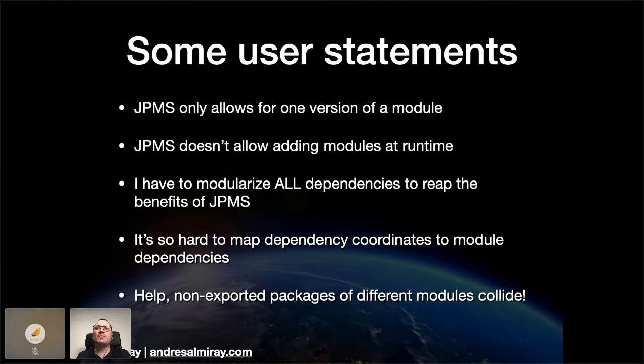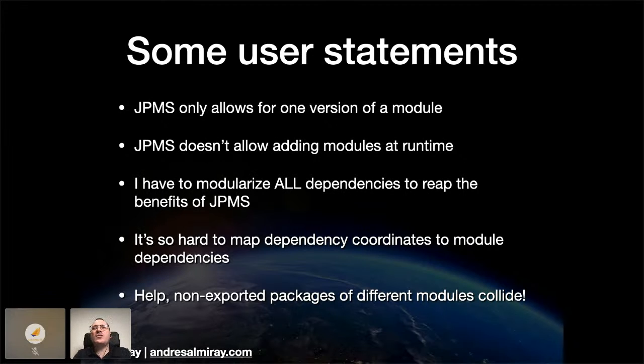So for example, JPMS only allows one version of a module. As a matter of fact, JPMS says there are no versions for a module. If you use a number as the last character or the last set of characters in a module name, when compiling the module descriptor, it will cast a warning because you're not supposed to do something like that, even though you might not intend to have a version number.